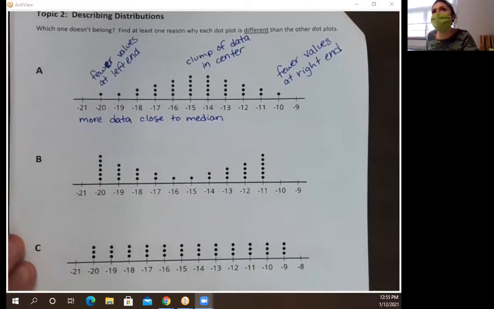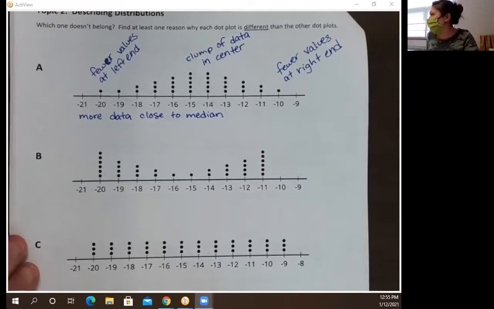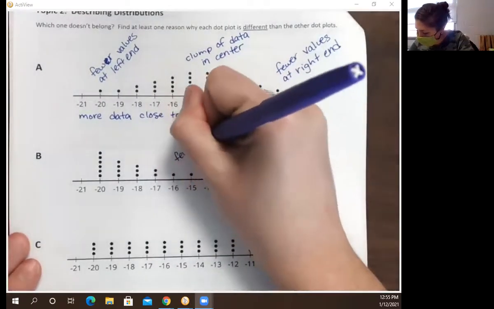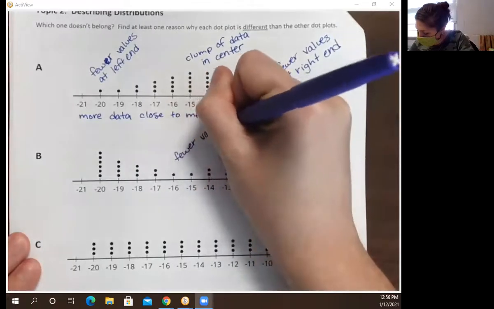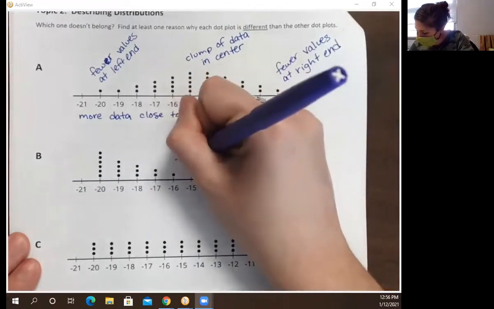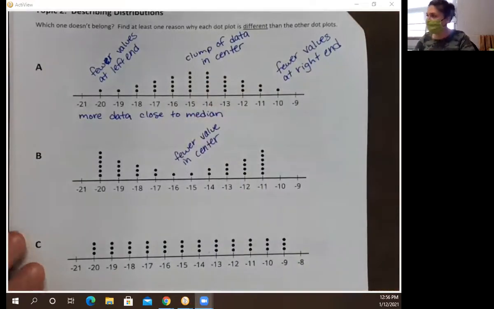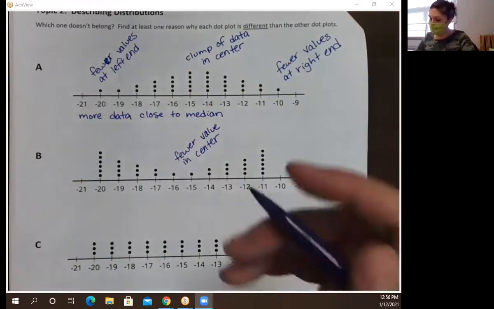For B, we see really exactly the opposite. We've got few values in the center, and then we've got clumps on either end.